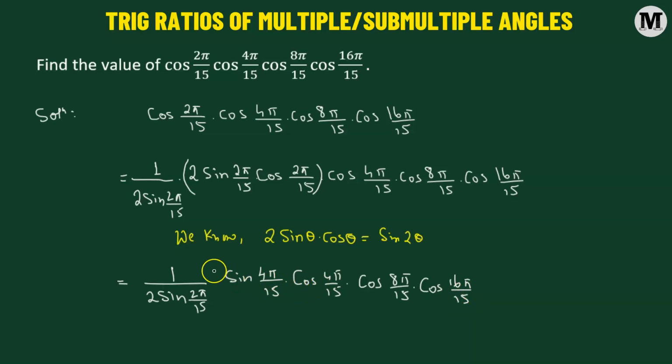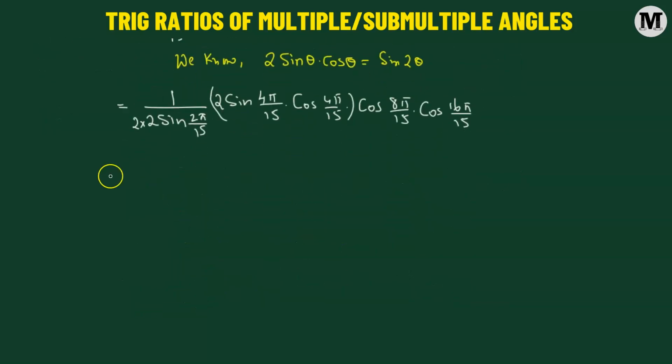Now what we can do, we can multiply 2 sine 4 pi over 15 and cosine 4 pi over 15 with 2. Now 2 is an extra factor that we're multiplying, so we'll multiply 2 to the denominator as well, such that we now get 1 over 4 times sine of the angle 2 pi over 15. Now again we can apply the same formula here.